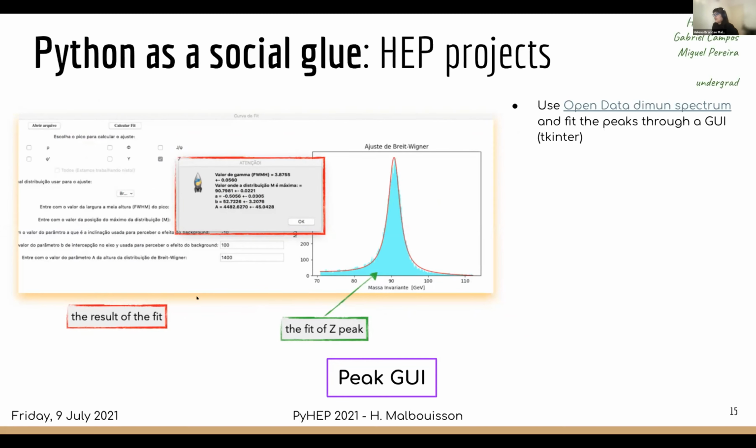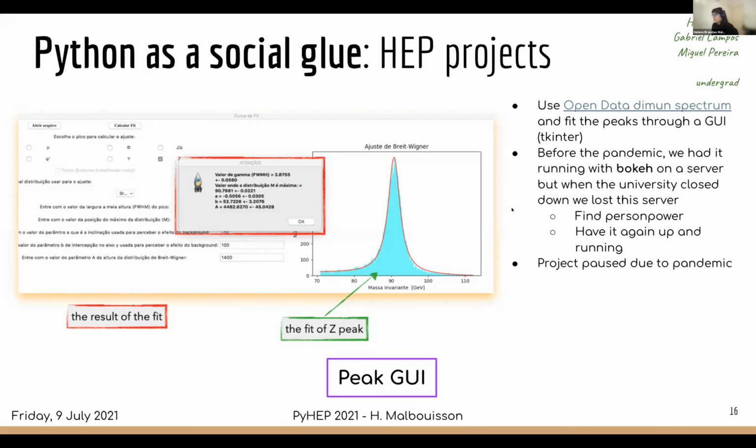So this GUI is still in Portuguese. It's work in progress, but we like it quite a lot because we can also then use it for high school students to learn a little bit about HEP. So before the pandemic, we had a boiled down version of this GUI running with Bokeh on a server.